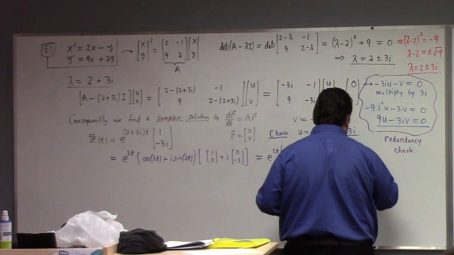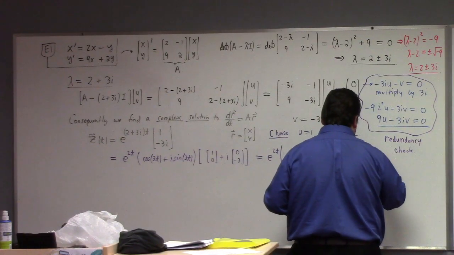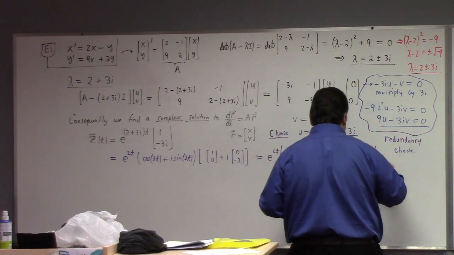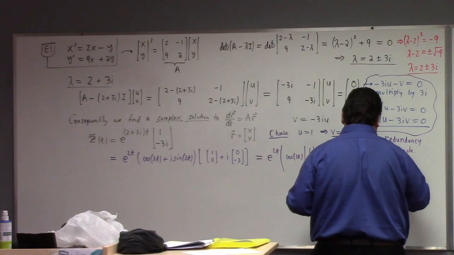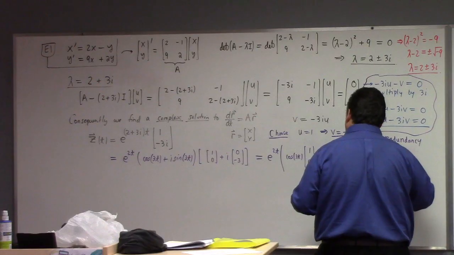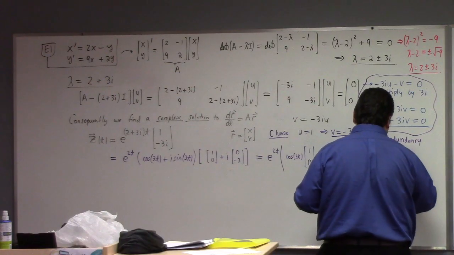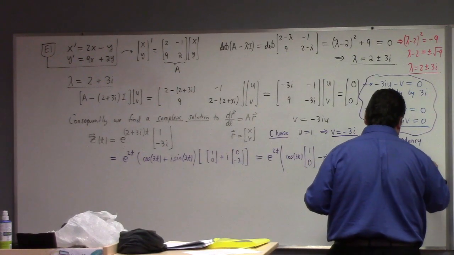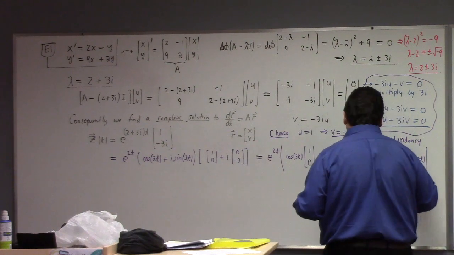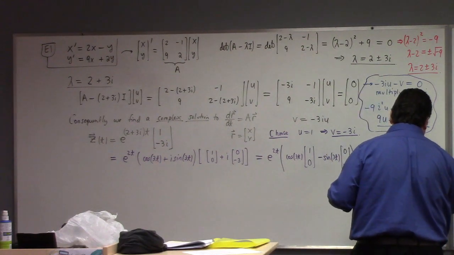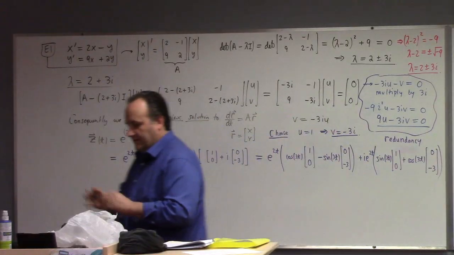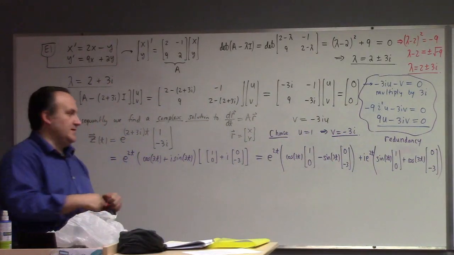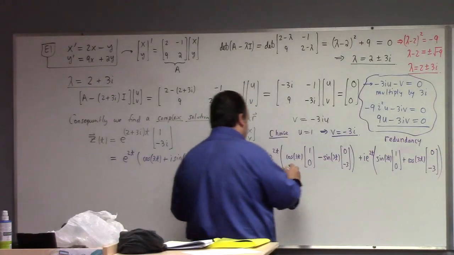And then plus i times e to the 2t, big parentheses. Then I get sine of 3t times my first vector, which was (1, 0), plus cosine of 3t times my second vector, which was (0, minus 3). So at this point, you can explicitly see what we have here.